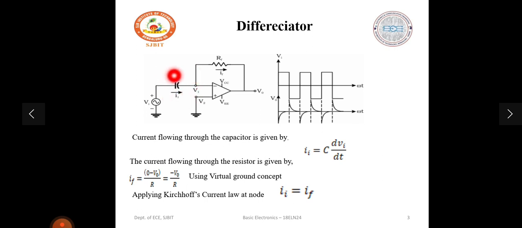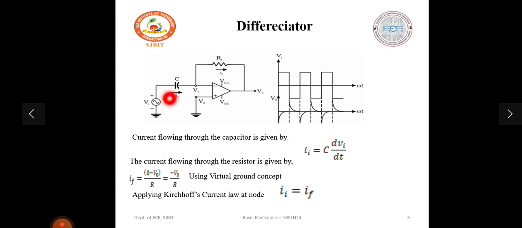The only difference between the differentiator and the integrator is the place of the capacitor. The capacitor is used as a feedback element in the integrator, but in the differentiator the capacitor is used in the place of a series resistance.